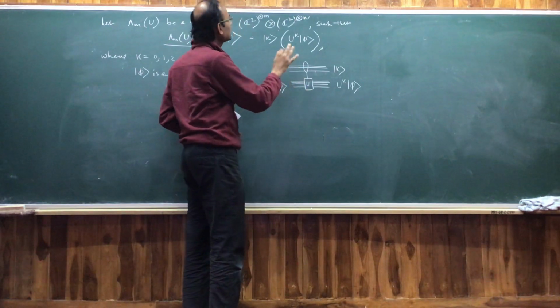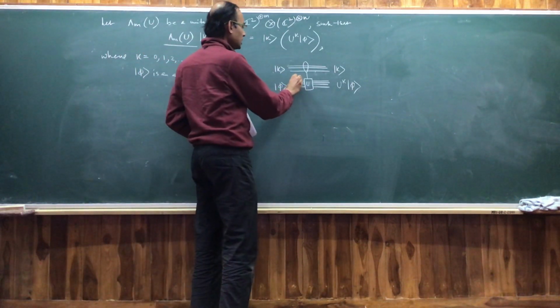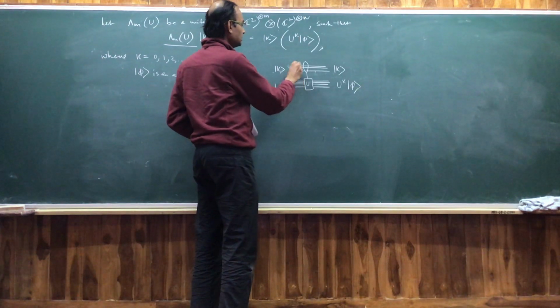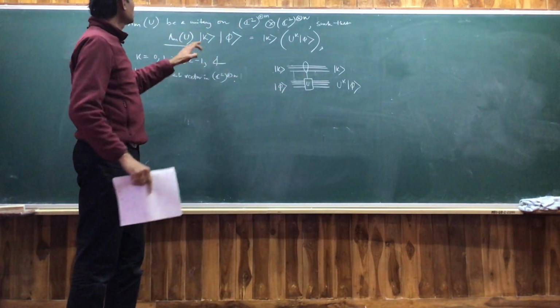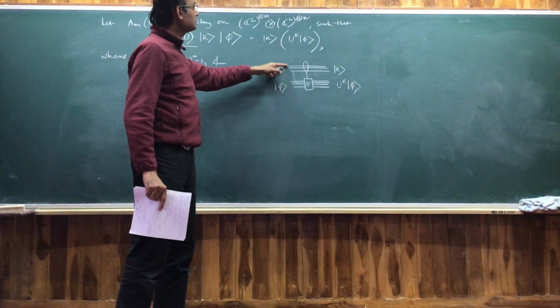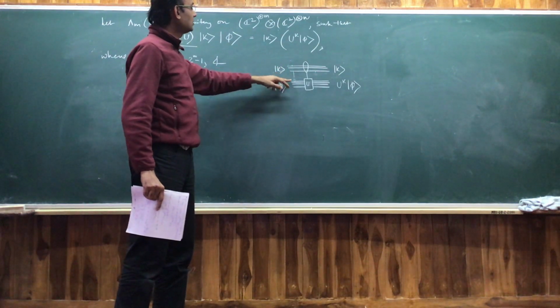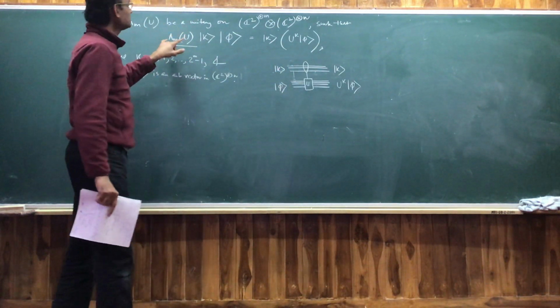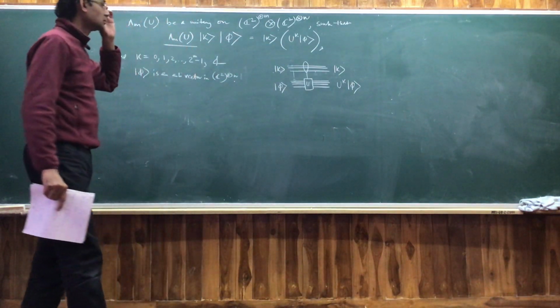Whether that will work is not very clear. These lines are each single qubits, and whether different unitaries will be able to do this, I am not sure about that.